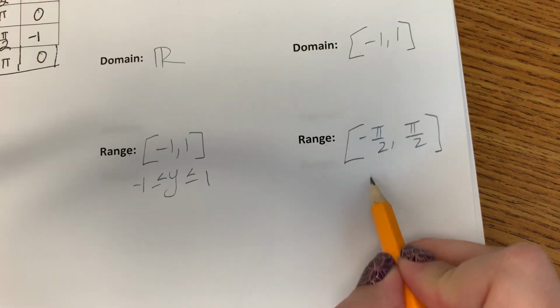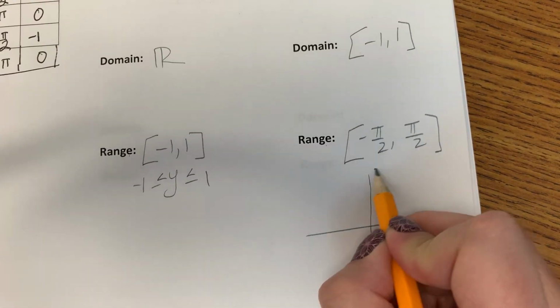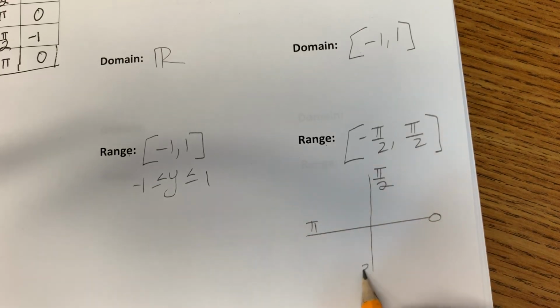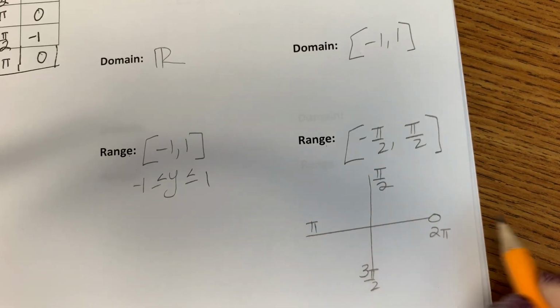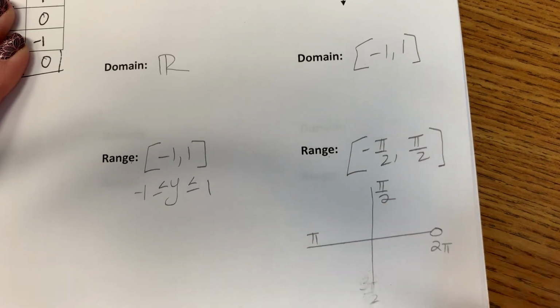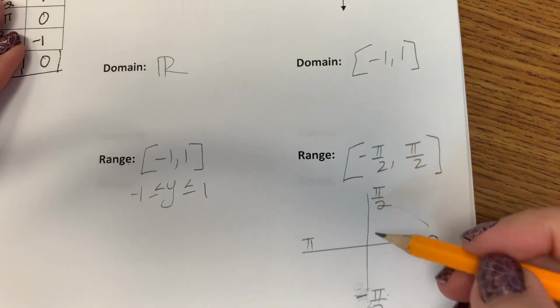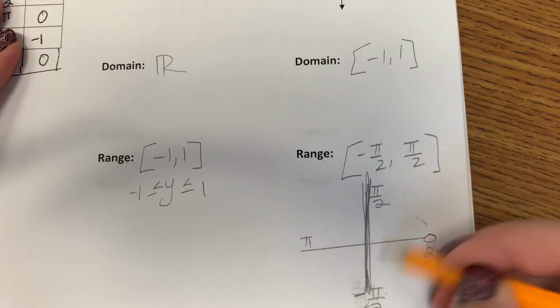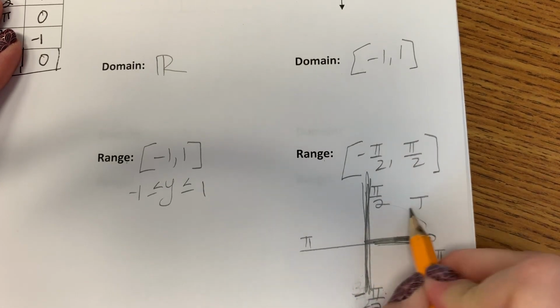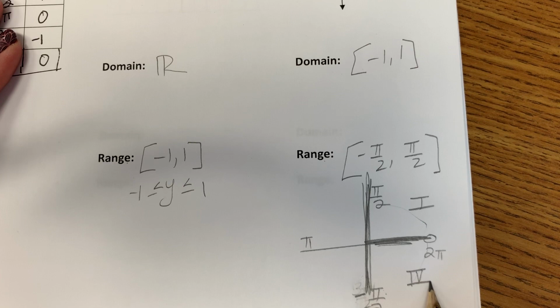If I want to think of our unit circle, 0, π/2, pi, 3π/2, 2pi. If we go a negative angle back this way, instead of 3π/2, I'm going to call this one -π/2, so positive then negative. The sine inverse function then only exists over here in quadrant 1 and quadrant 4, because I get a group of positive sine values and a group of negative sine values right next to each other in our unit circle.